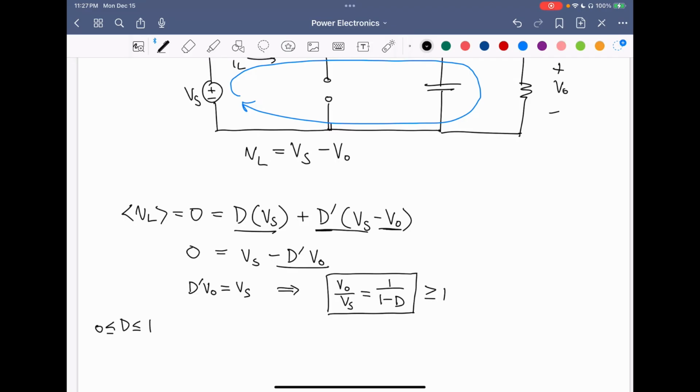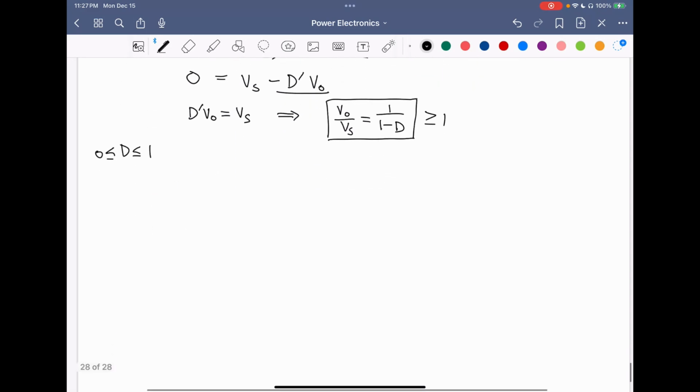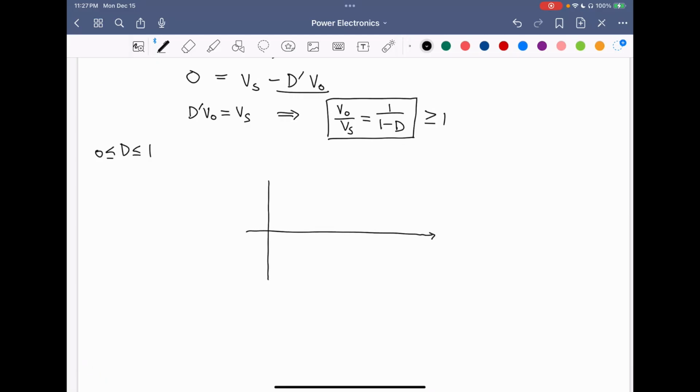Now we want to draw out what the inductor waveforms look like. So for the inductor voltage VL, let's draw that out first. So here we have the time axis, and the vertical axis is VL.